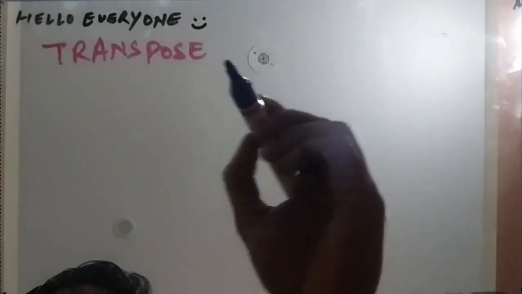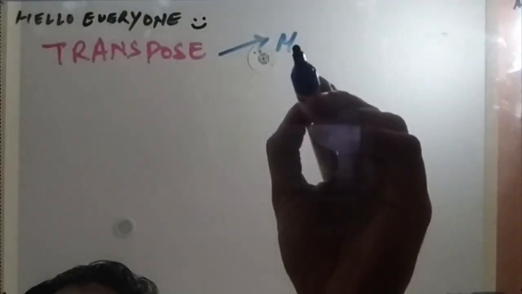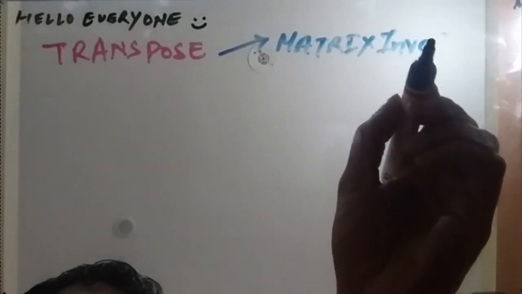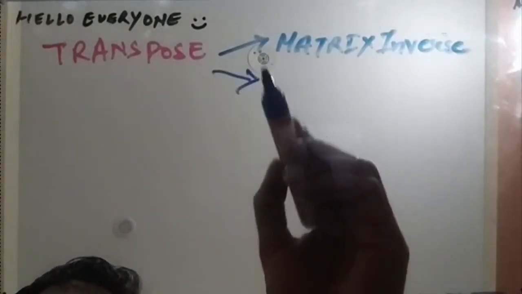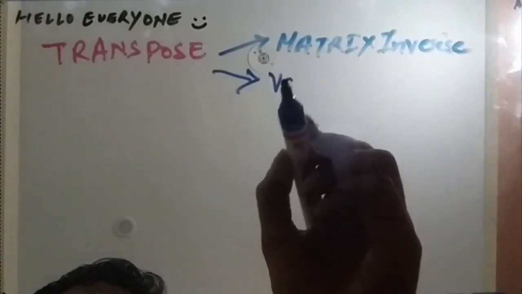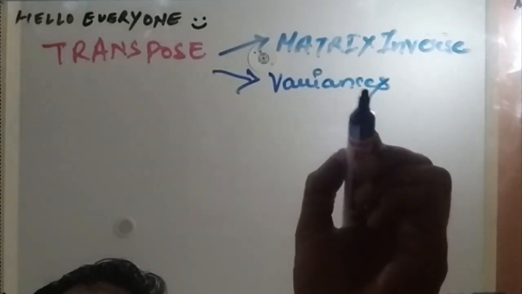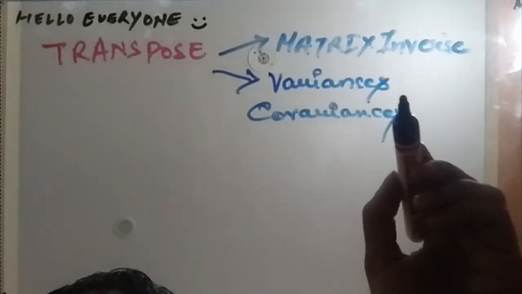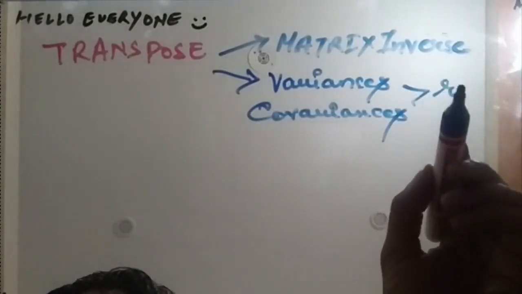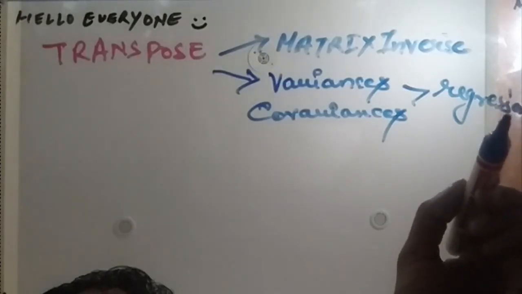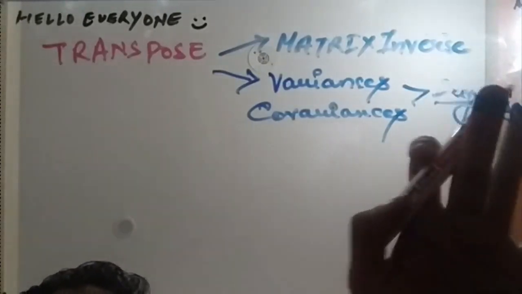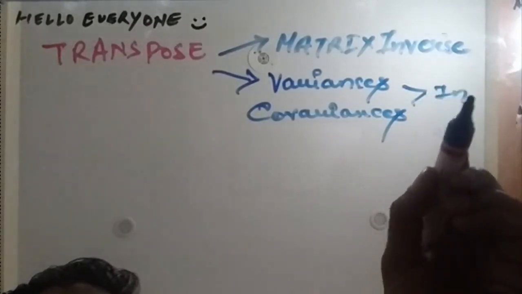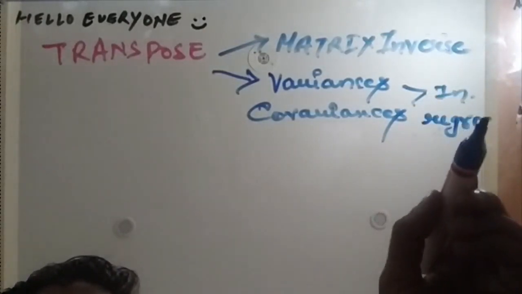Transpose helps in solving for the matrix inverse, and it also helps in finding the variances and covariances in regression.